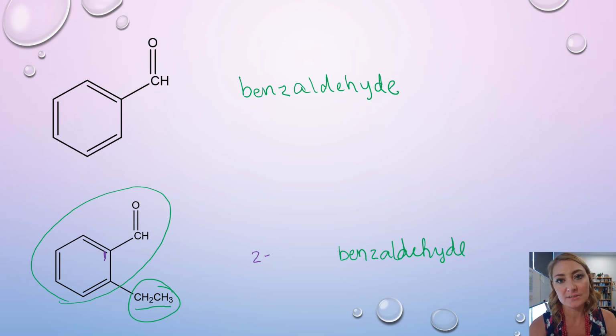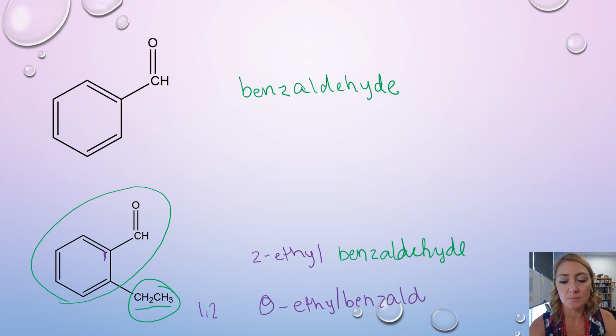Next lowest number assigned to that group is 2. So this is 2-ethyl benzaldehyde. Or because we're dealing with an aromatic, I can use the OMP designations, and a 1-2 grouping would be ortho. So I could say o-ethyl benzaldehyde, and either would be appropriate. You could use them interchangeably.